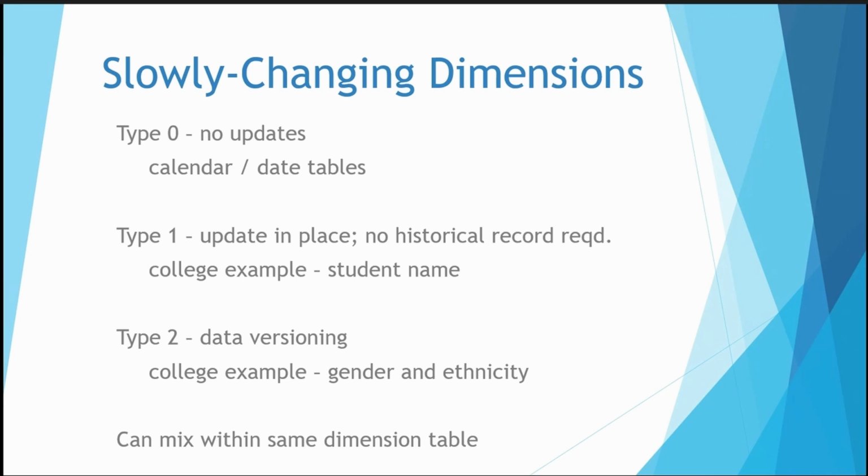And we need to be able to keep track of that because our state and federal reporting in the US needs to have, okay, what gender did the student identify as at the time.